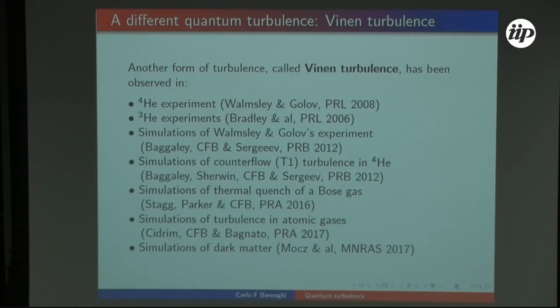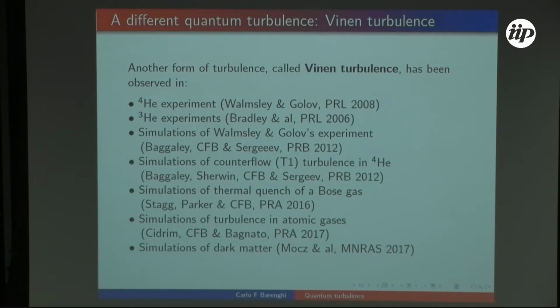Okay. Now, this is not all that we know about quantum turbulence, because there is another form of turbulence which has been observed, and slowly somewhat acquired a name, and people realize that it's the same in different situations. So I shall call it Vinen turbulence, following perhaps the person who got this point first, who was Grisha Volovik in Helsinki, and he used this name.